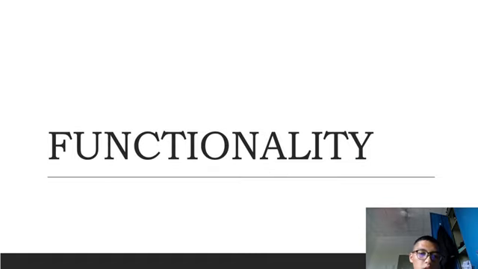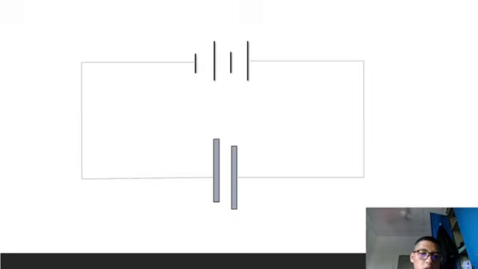So let's dive into the functionality. This is the basic configuration of a capacitive sensor, showing the distance between the two plates. If both capacitor plates are far from each other, the charge in the capacitor plates is decreased.